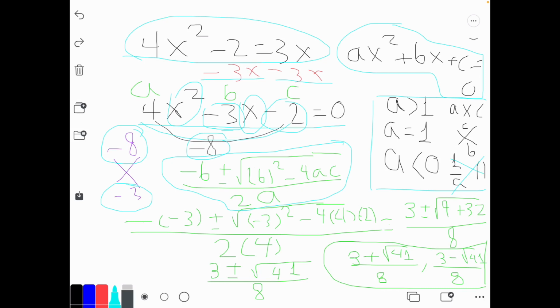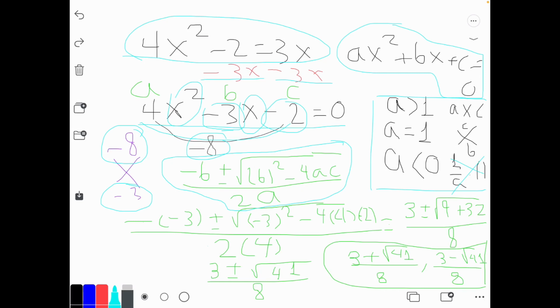Then plus or minus the square root of b squared, negative 3 squared, minus 4ac, so negative 4 times our a, which is 4, times our c, which is minus 2, all over 2a, which is 2 times 4. That's how we apply it to a quadratic function.